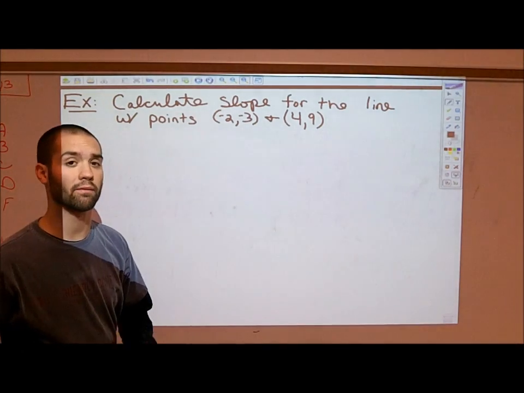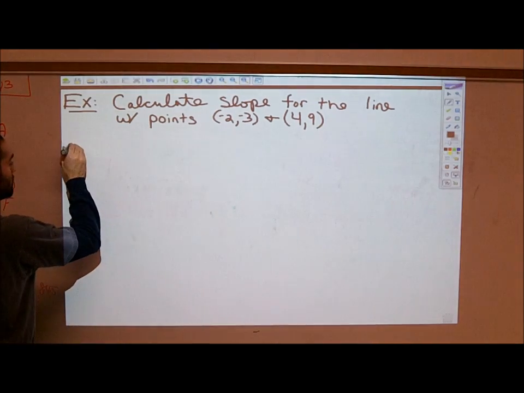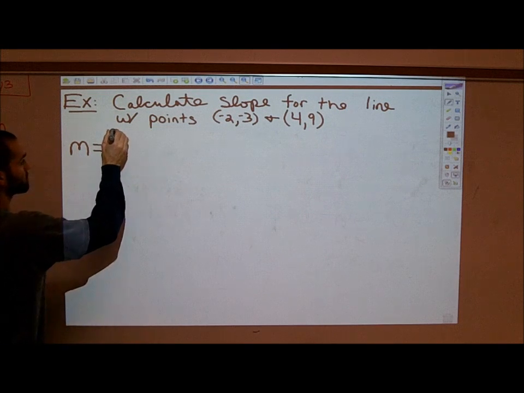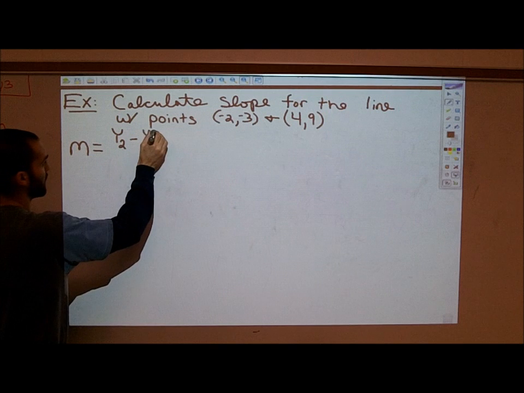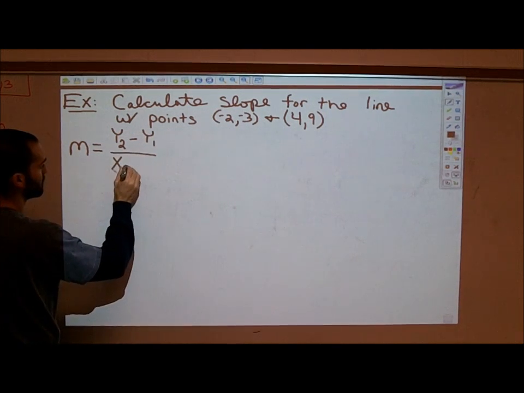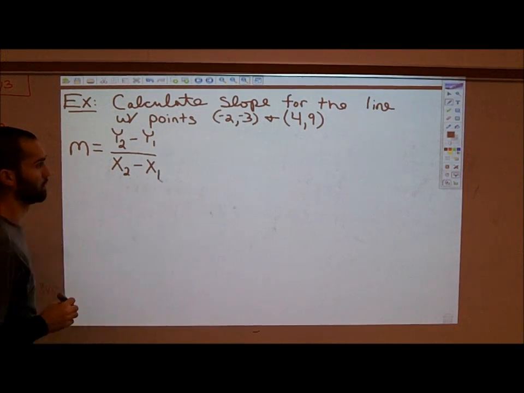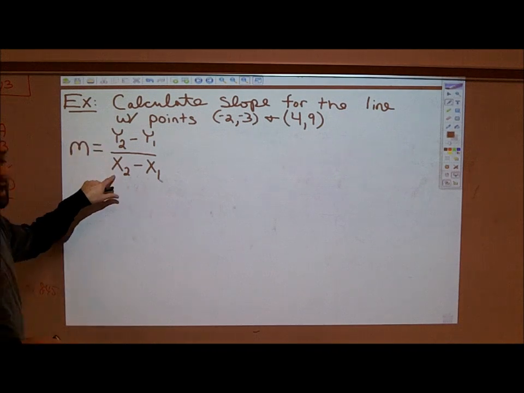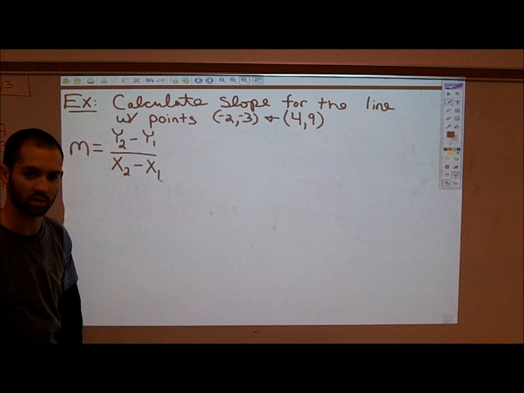For every problem like this, you should always write the equation. It is m equals y2 minus y1 over x2 minus x1. I want you to take notice: y2 has to be above x2, and y1 has to be above x1.